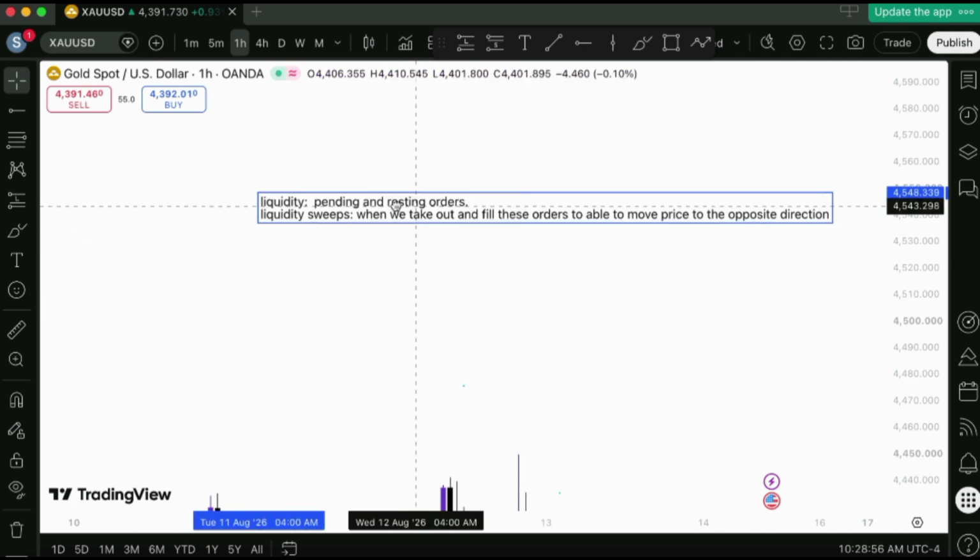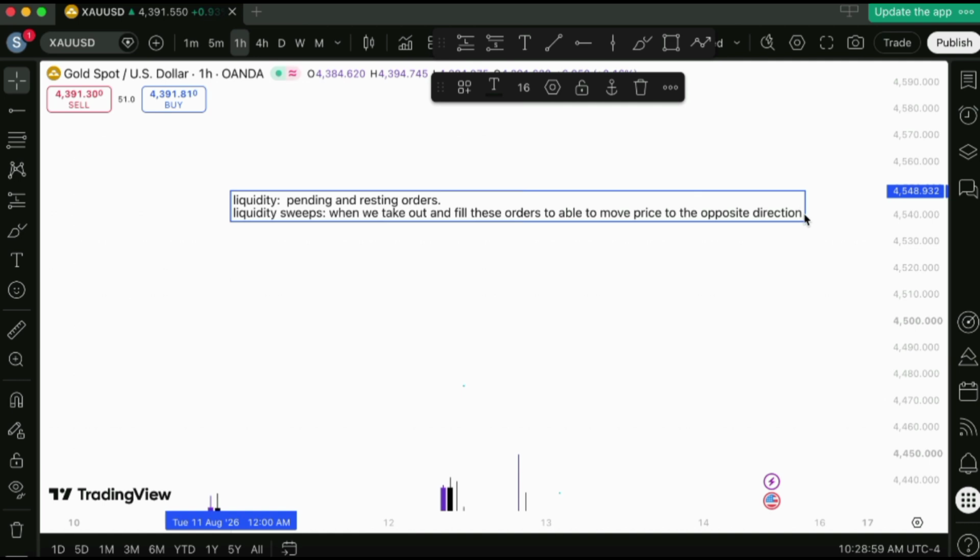Okay, it's like a reversal, you can say, price reverses when it sweeps the pending orders, so we call it liquidity sweep.